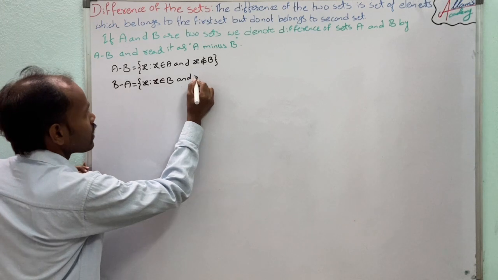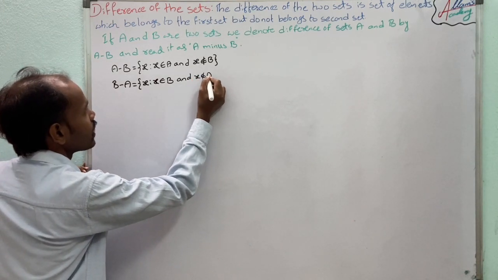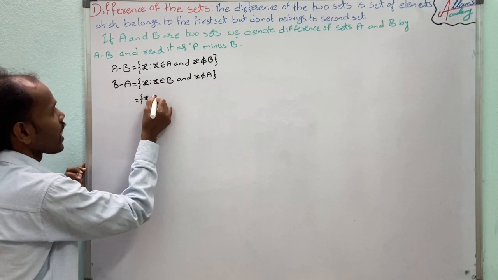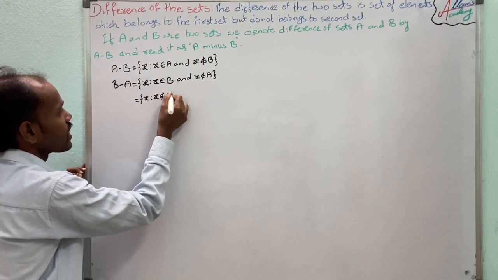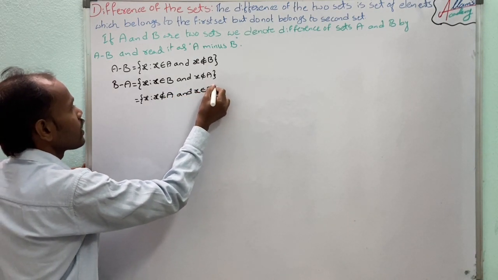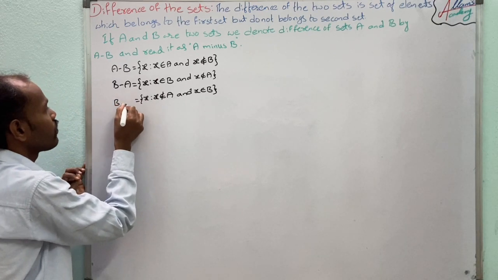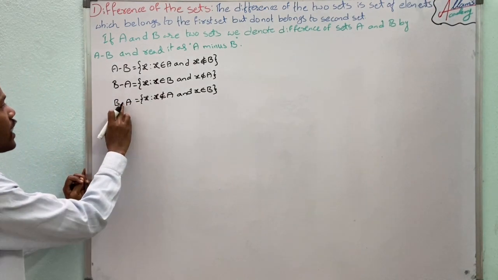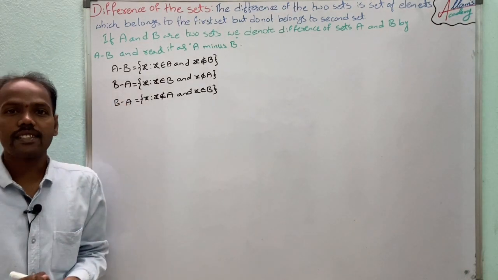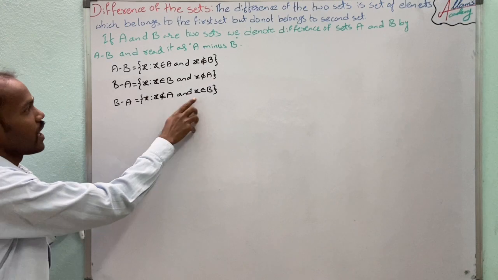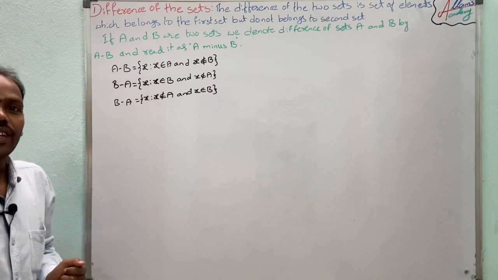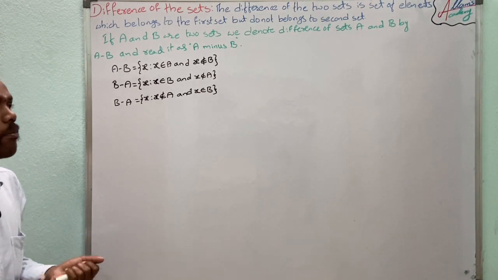So x does not belong to A. The set builder form of B minus A is x such that x does not belong to A and x belongs to B.